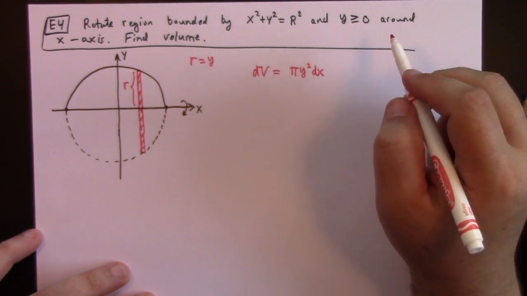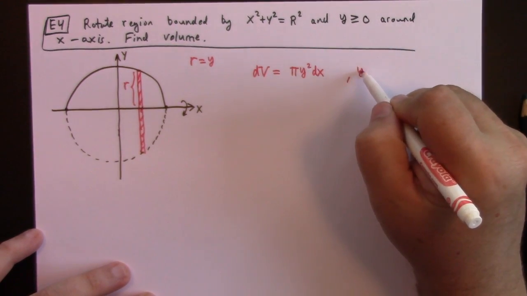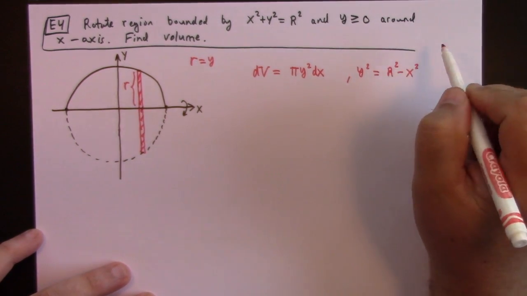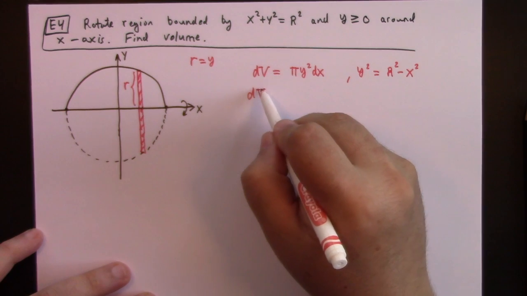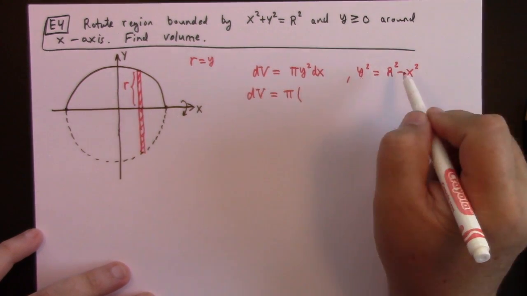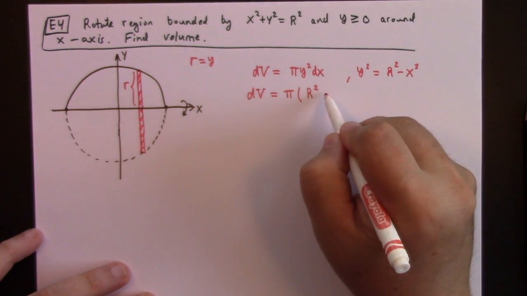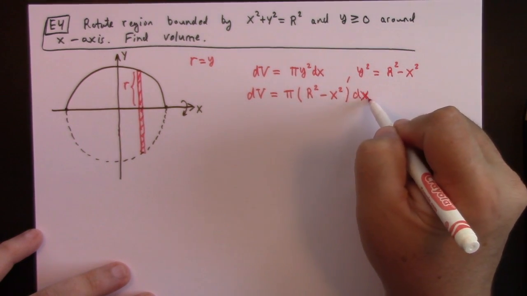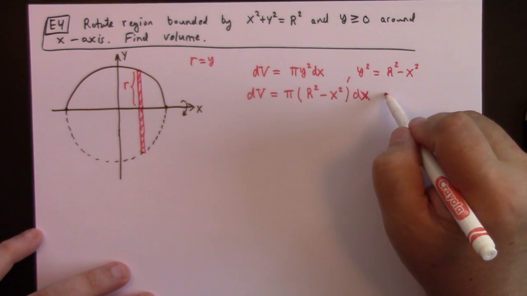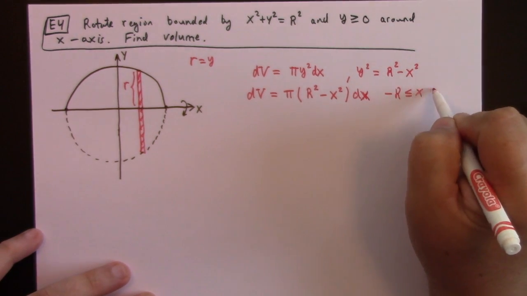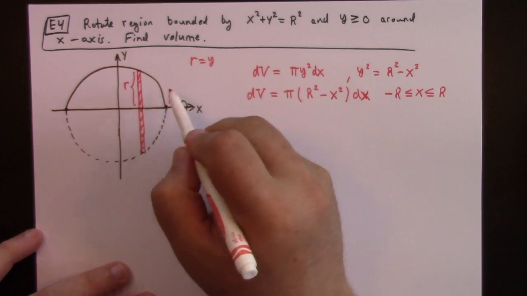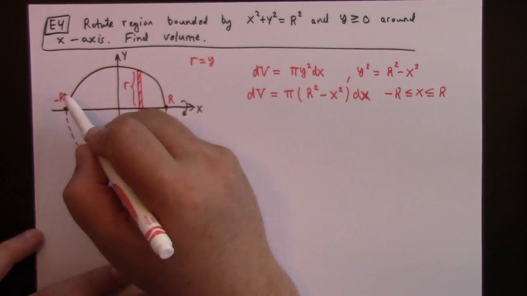But we also know that y squared is equal to r squared minus x squared. So this I can simplify to dV is equal to pi times r squared minus x squared dx. And that's good for minus r less than or equal to x less than or equal to r, because these points right here are x equals r and x equals minus r, right?